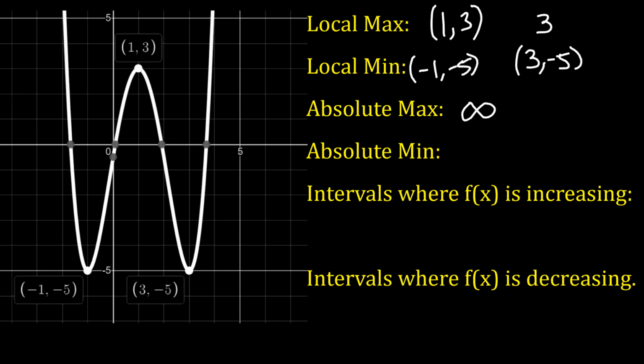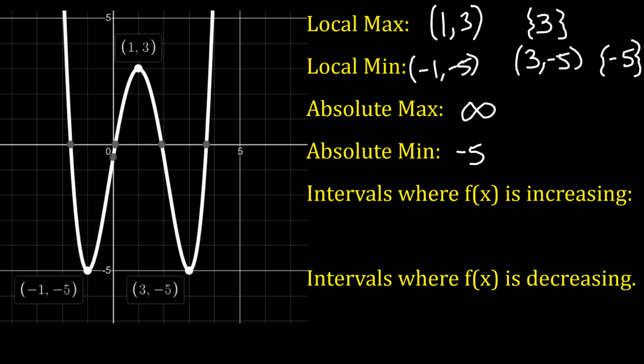Some textbooks you'll see it say infinity. And then the absolute min is going to be at -5. So you could either write one of those 2 points or you just say the y value, which is -5. The local min also happens at -5. So we could write that in, I think they do it in brackets.